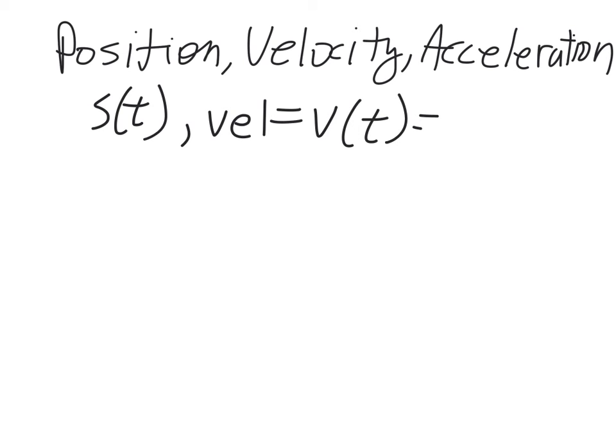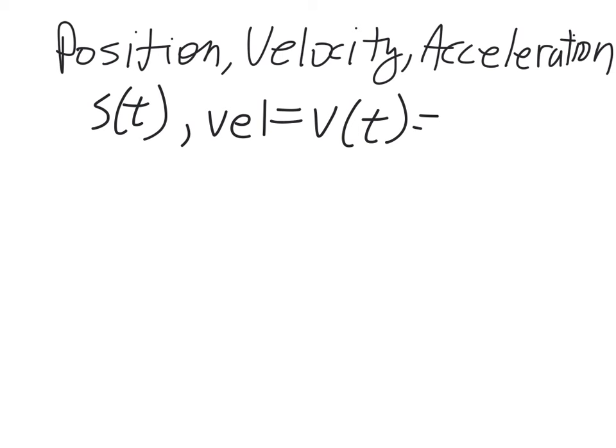Position function, we use a lot of different letters to represent that: s of t, r of t, f of t, whatever, h of t. The velocity then would represent what? I guess a lot of times we'll call that v.